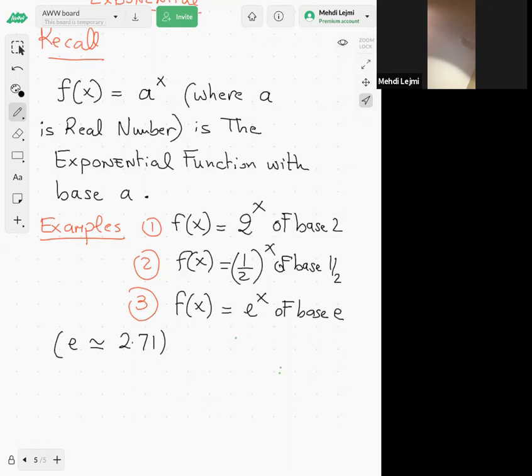I will show you how to define this number e. Anyway, that's what I call the exponential function. Now I want to compute the derivative, f prime of x.